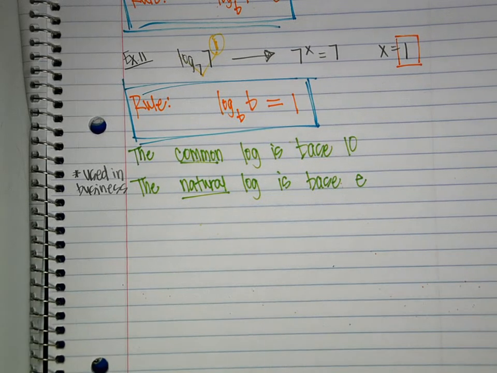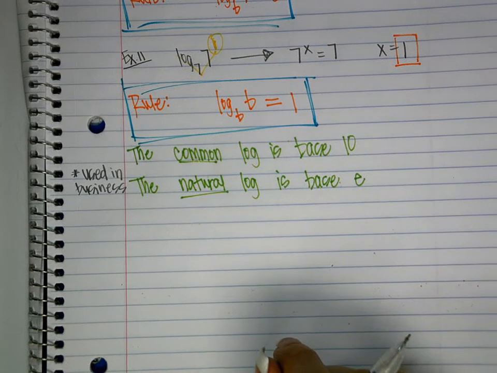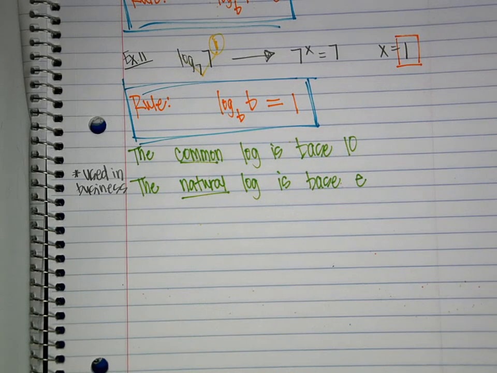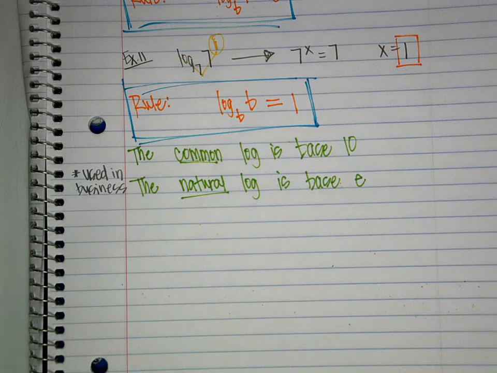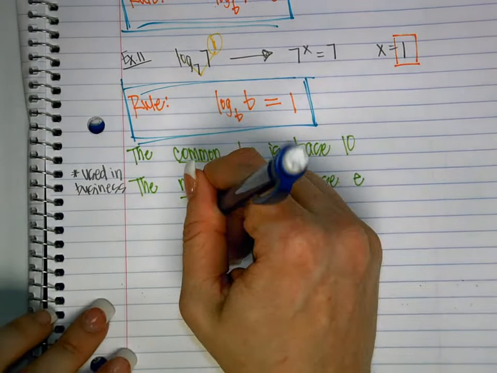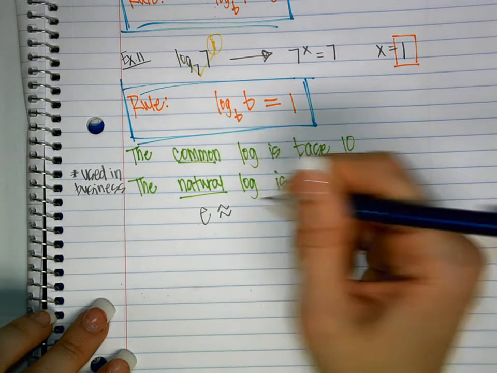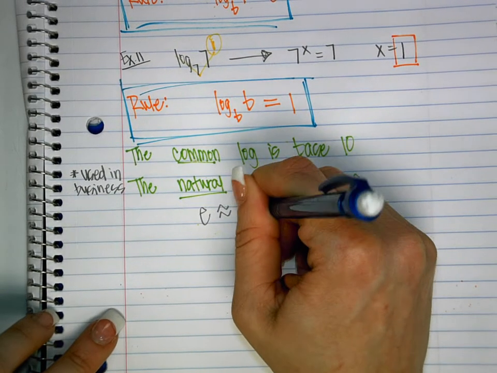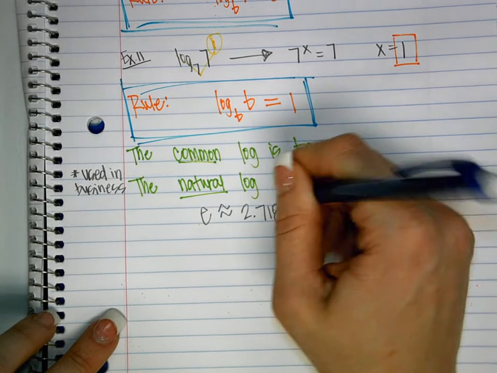e is a constant. e is an actual number, kind of like pi. Pi is 3.14 and it keeps going and going. e is the same type of thing. e is approximately 2.71828.